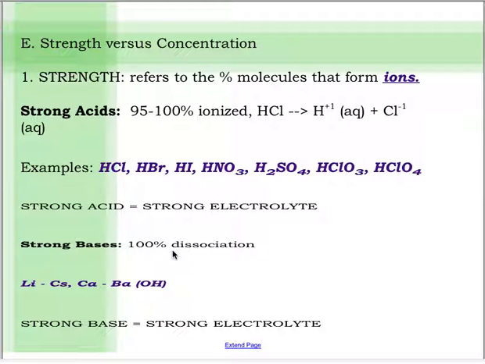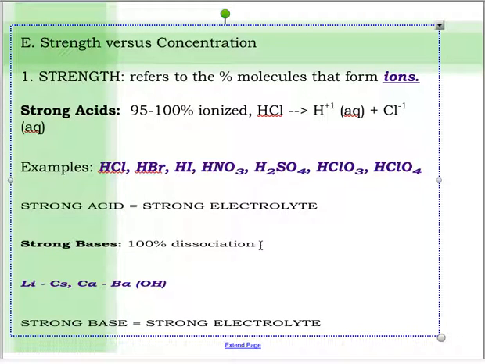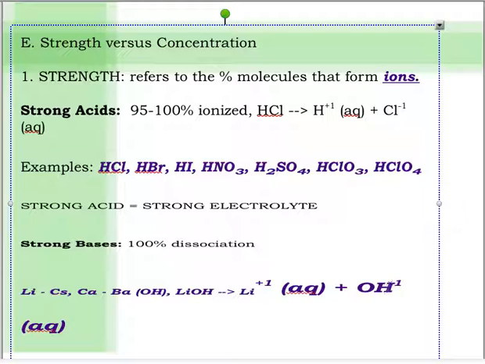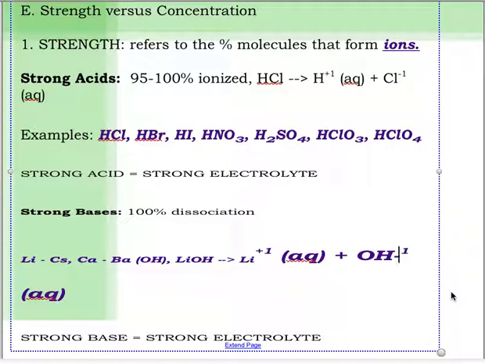So what that looks like for a base, lithium hydroxide would break down, and you would get a lithium ion, which is aqueous, and you would get a hydroxide ion, which is aqueous. And that would be a -1. So you just want to realize that strength is all about do you ionize or not.